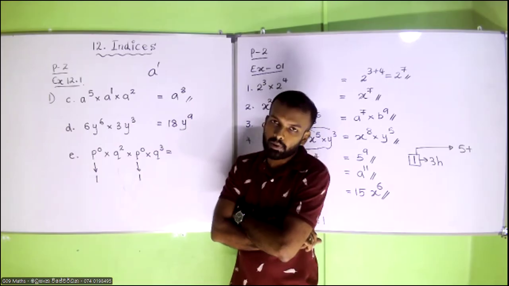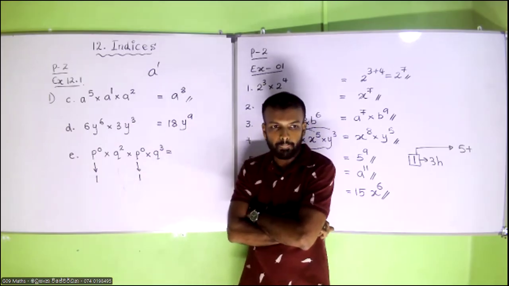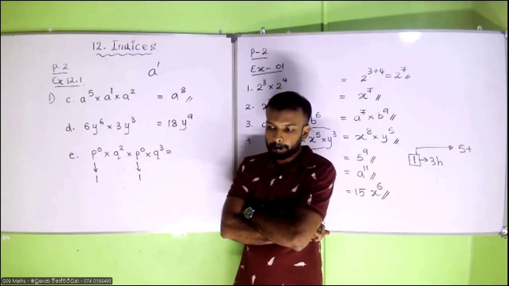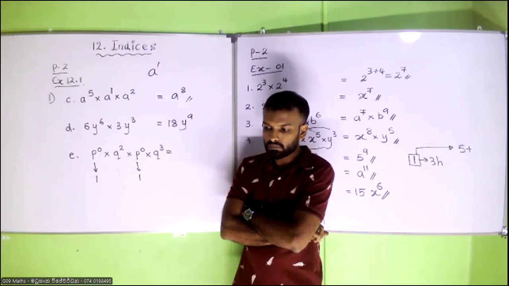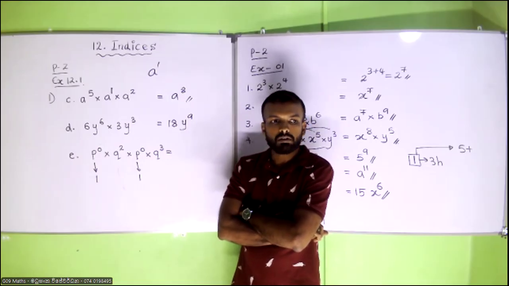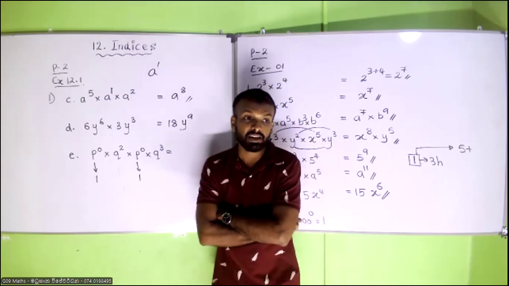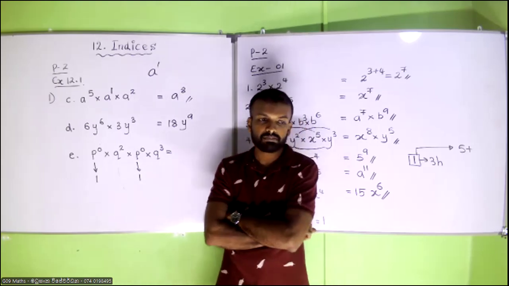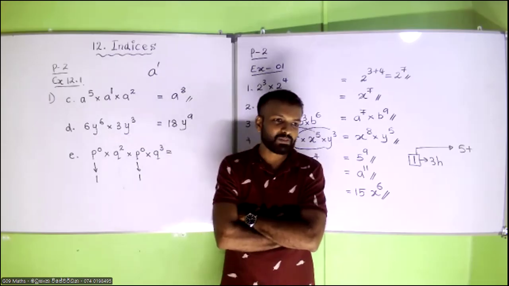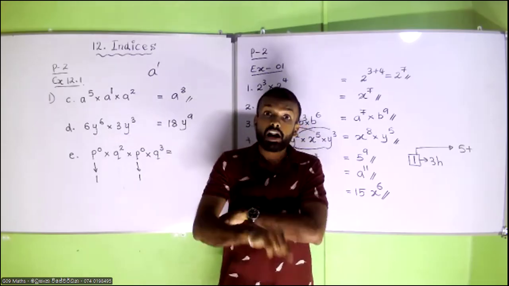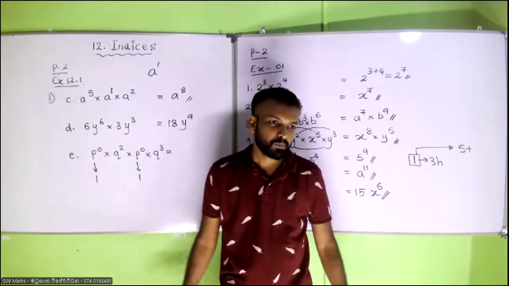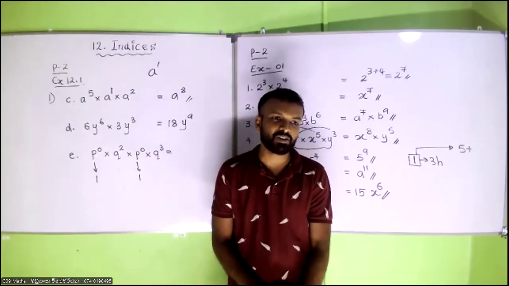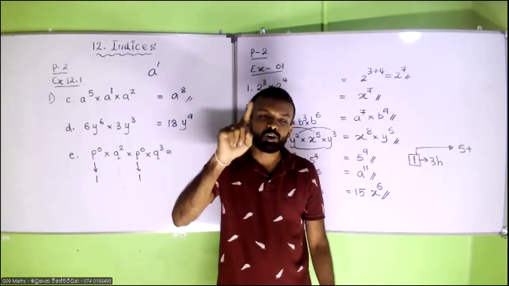Then 2 to the power 0. 1. 33 to the power 0. 1. 100 to the power 0. 1. 0 to the power 0?